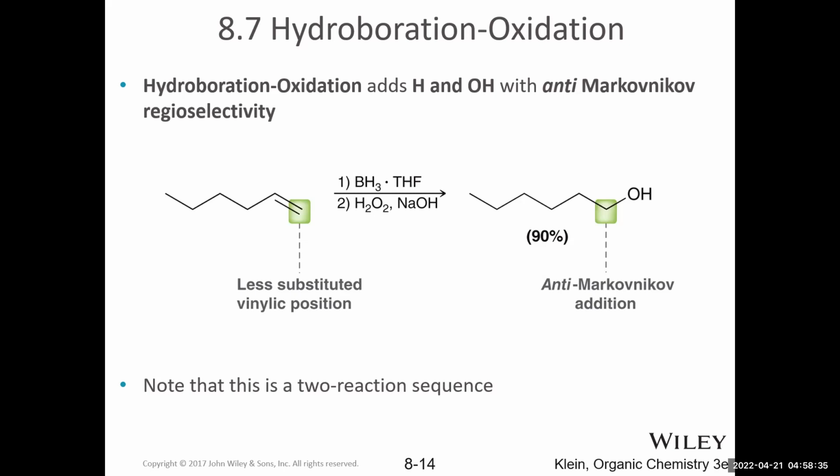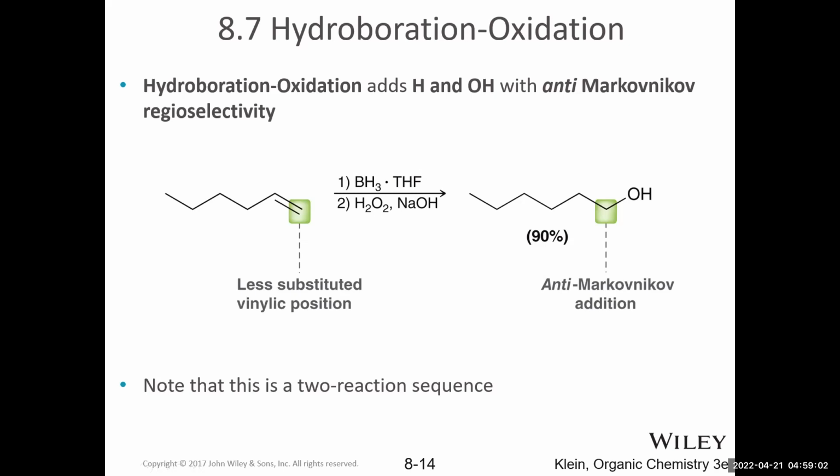The reagents for hydroboration oxidation start with borane stabilized in THF. THF stands for tetrahydrofuran, and it's an organic solvent. But typically you'll see it as BH3·THF, and this just means that it's stabilized in this solvent. And I'll explain what that means.